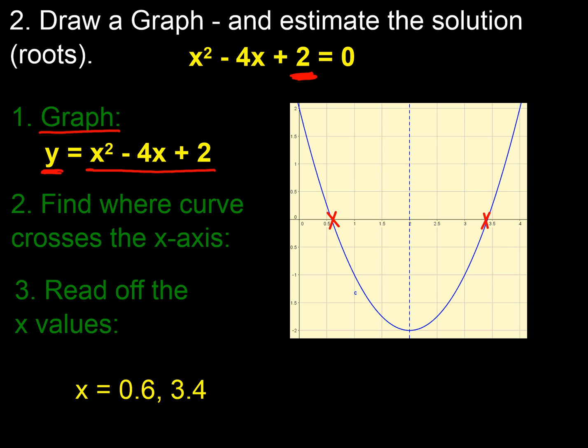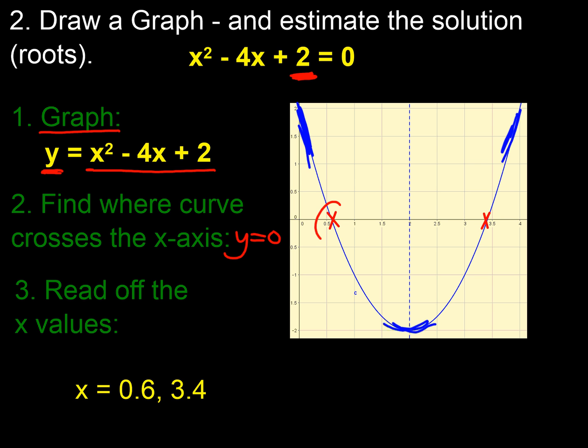And here we would end up with our blue line. There's our blue line curve, rather, and it goes very high on either end here, we can see, and it comes down to a minimum here at x equals 2. But we can also see where it crosses the x-axis, and that's the point at which y equals 0.